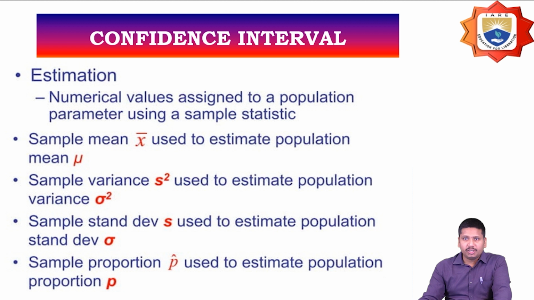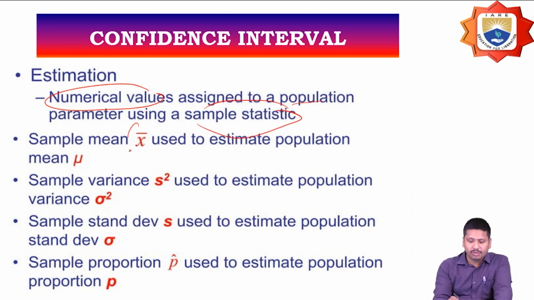So what is estimation here? Estimation is assigning numerical values to the population parameter using the sample statistic. Here the sample mean, represented as x bar, is used to estimate the population mean.